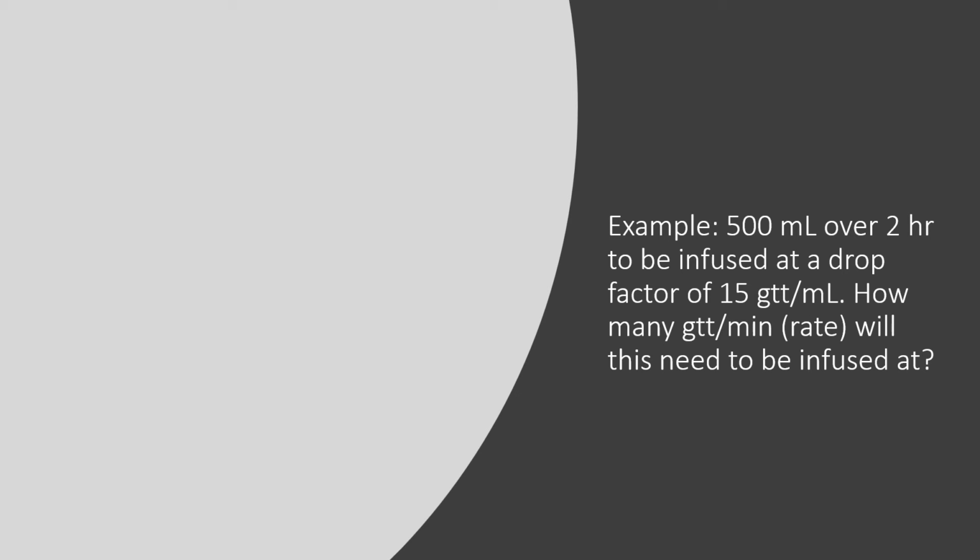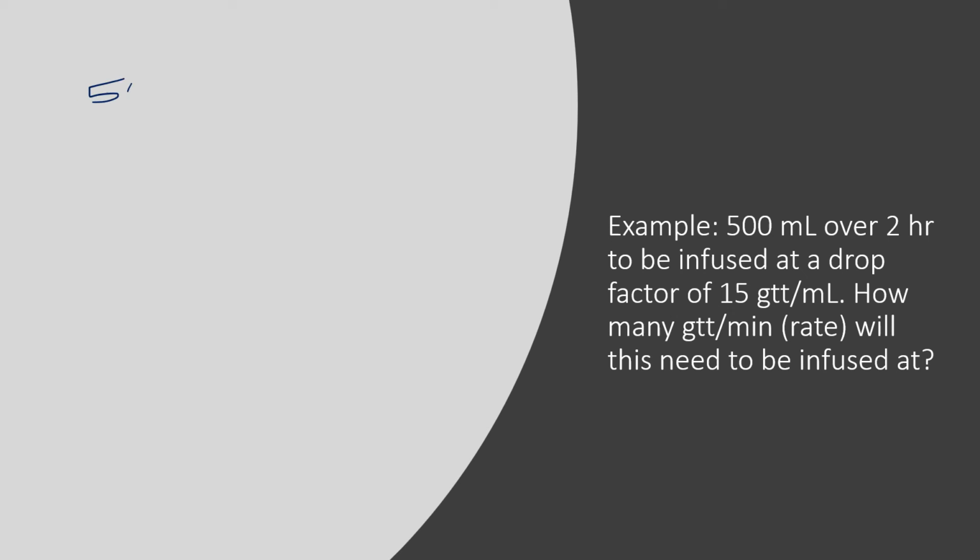Okay, next is going to be a drop factor question. So we're going to take 500 milliliters. This is supposed to be infused over 2 hours, but we need to use a drop factor tubing. And that tubing is going to be set for 15 drops per milliliter. How many drops per minute rate will this need to be infused at when we set the pump?